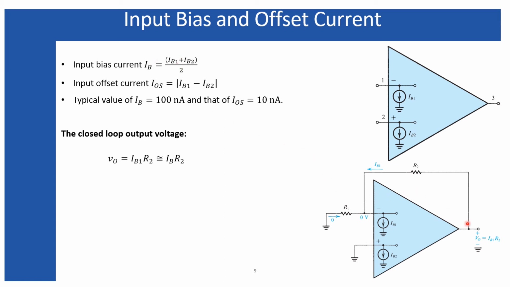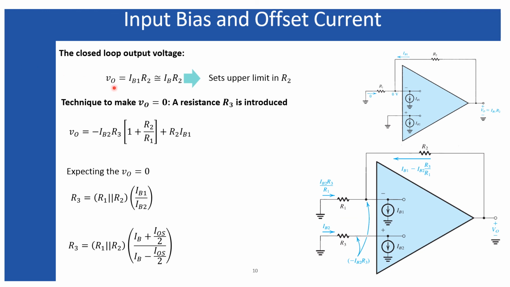So V naught can be obtained as the voltage across this resistance R2, because due to the high open loop voltage gain, the potential at the non-inverting terminal will be available at the inverting terminal. This voltage across R2 is the output voltage, obtained by multiplying R2 with IB1, or the total IB, where IB2 can be neglected.